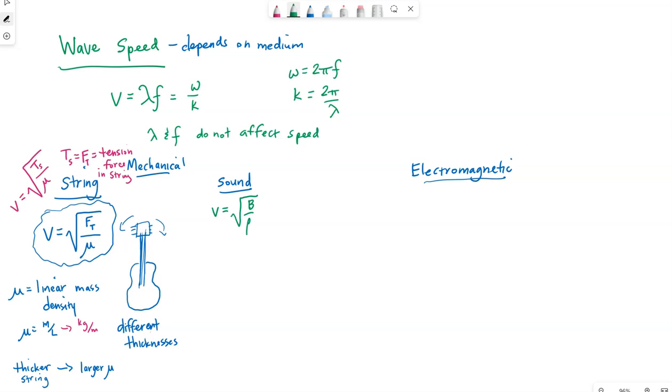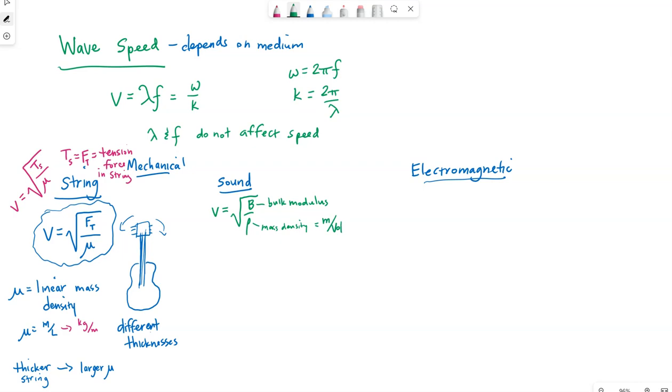It depends upon the bulk modulus, which is a material property related to the compression of a material. And then this is just the regular mass density that we've used before, mass per volume.